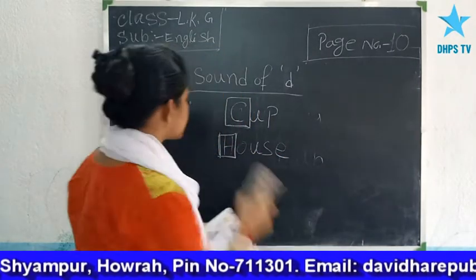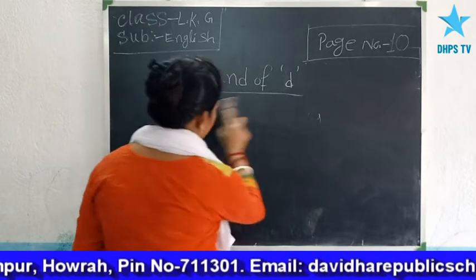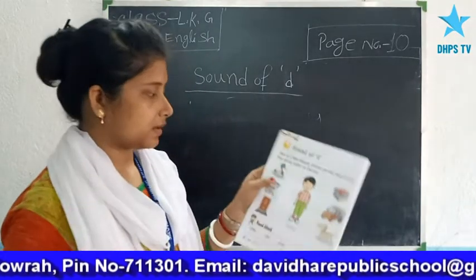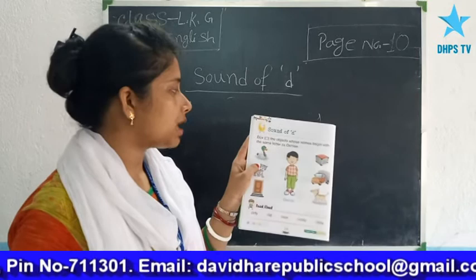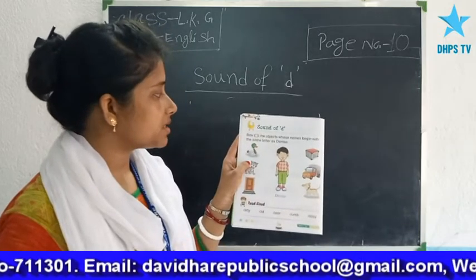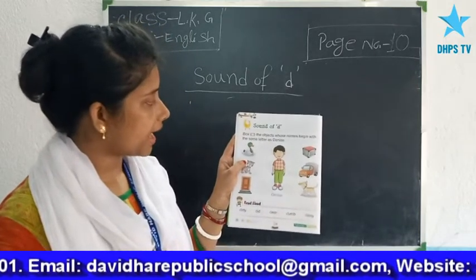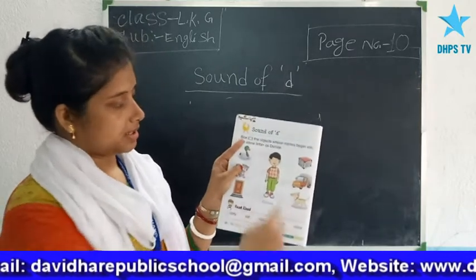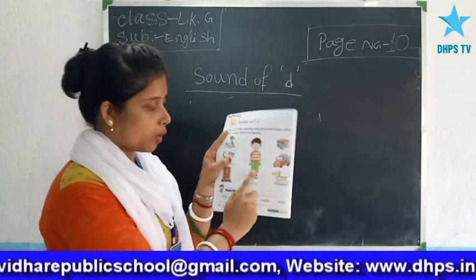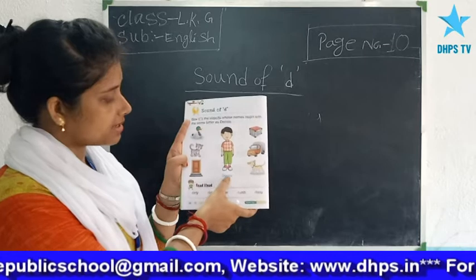Here the task is the same as the previous one. Read the headline. Box the objects whose names begin with the same letter as Denice. Here you can see this is a boy and his name is Denice.